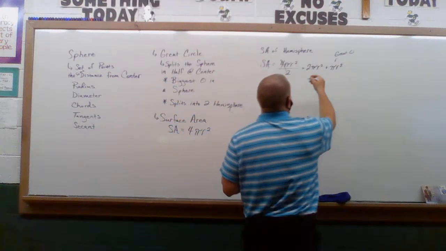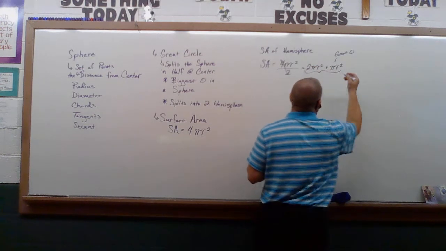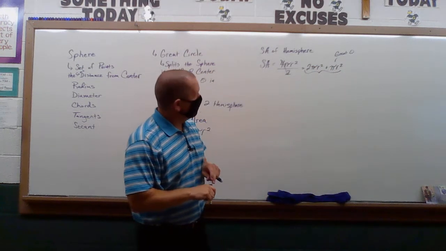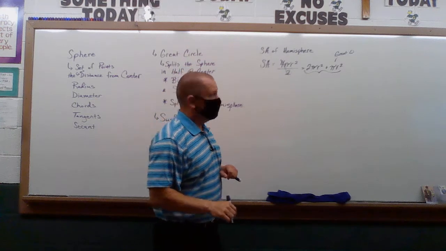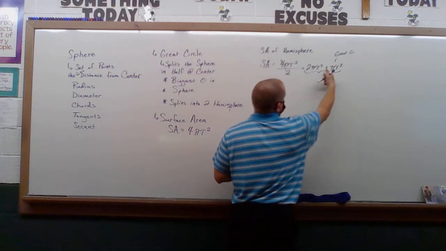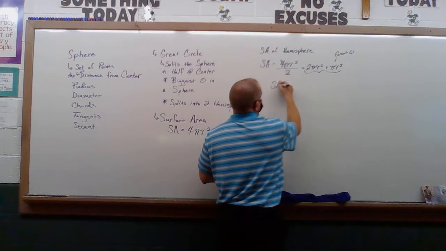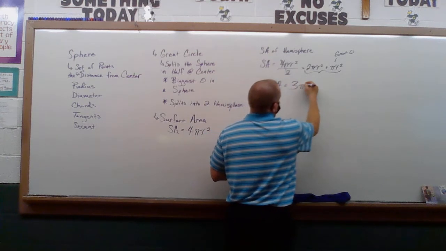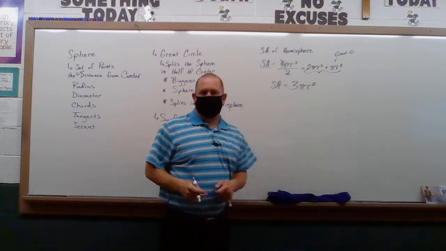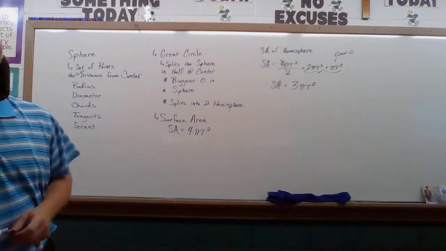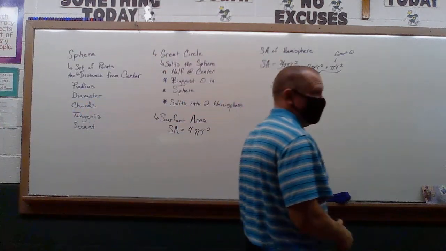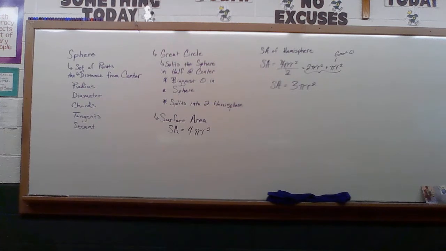And so realistically, if I simplified this, I would actually have what? 2 pi r squared plus 1 pi r squared would give me what? Three pi r squared. So the surface area of a hemisphere ends up being 3 pi r squared.